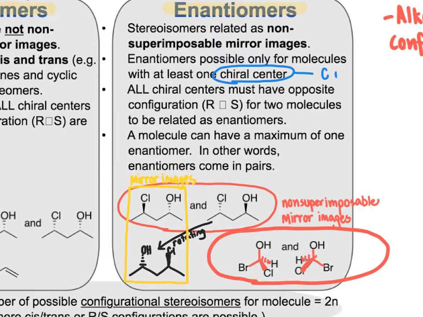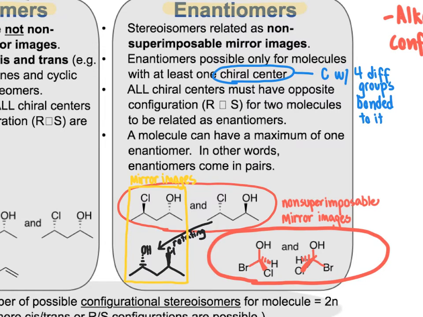So it's a carbon with 4 different groups. And anytime a molecule has at least one chiral carbon, that molecule will have an enantiomer, a non-superimposable mirror image. So recognition of chiral centers is going to be absolutely key to recognizing enantiomers. So a carbon with 4 different groups bonded to it is defined as a chiral center.